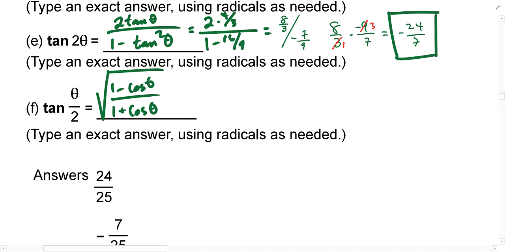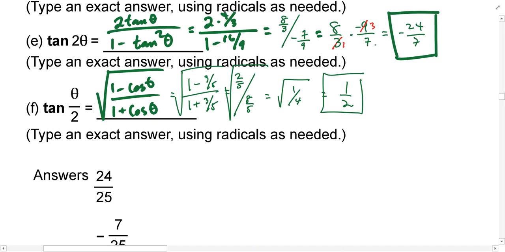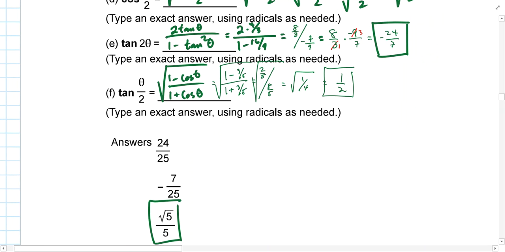And when simplified, finding the quotient of two fractions is the same as multiplying by the reciprocal, and simplifying along the way, we end up with negative 24/7. And by substituting 3/5 in place of cosine theta, we would simplify to an end result of 1/2.